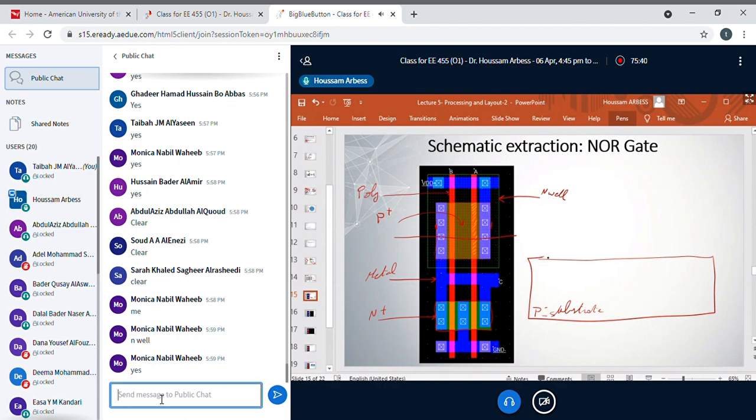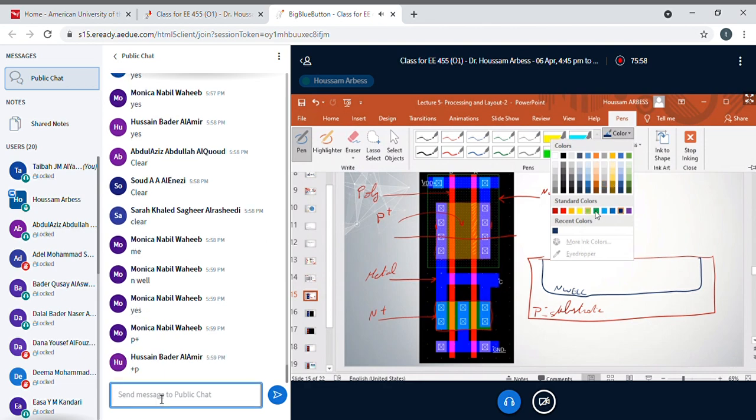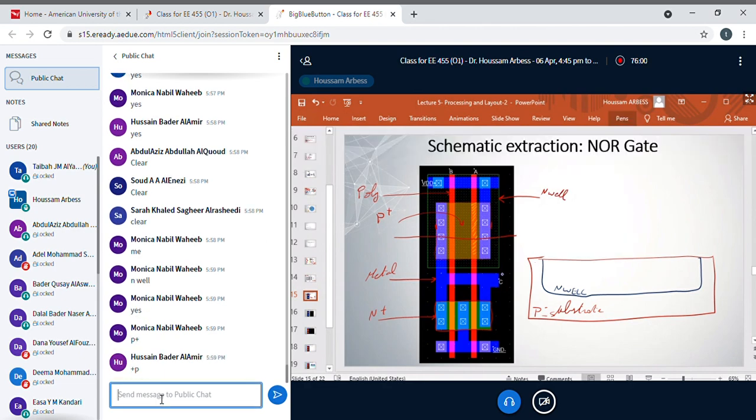So guys, if you see some point not clear, you can stop me directly. So I have NOL from here till here. Then here, what do I have? I have P plus, correct. So the P plus is from here to here.